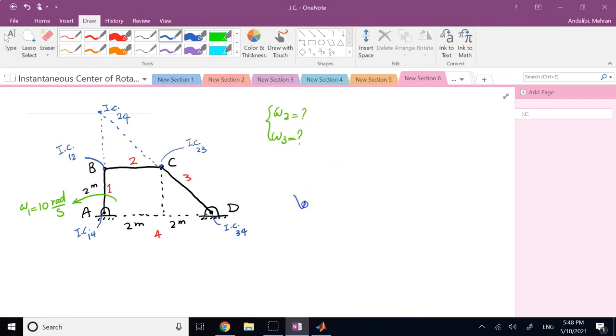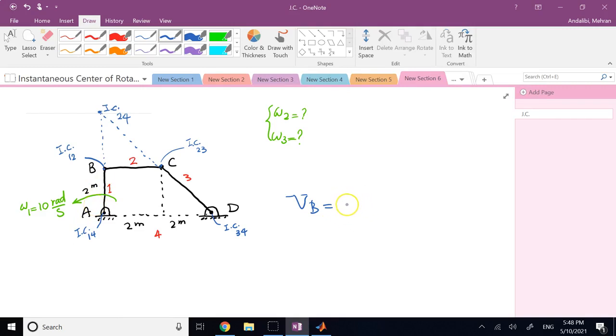Now here, velocity of point B is going to be, since B belongs to member AB or member 1, and 1 rotates with respect to 4 with angular velocity omega 1 of 10 radians per second, the distance between B to the center for that member with respect to 4, IC 1, 4, is 2 meters. So it is going to be 2 times 10, correct? R times omega, correct? If you want, let me write it like this.